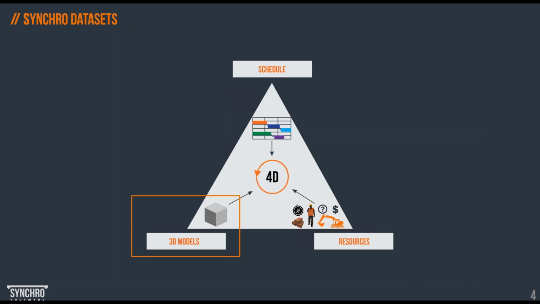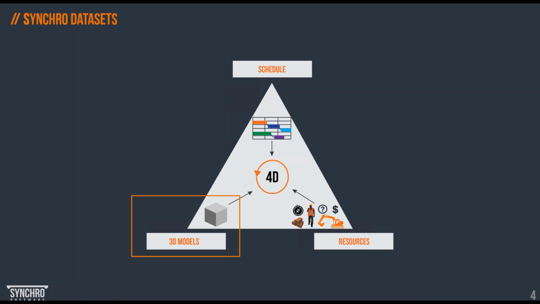So before I present other functions and tools in SYNCHRO, I'll briefly talk about SYNCHRO datasets. Every SYNCHRO project has certain datasets. If you look at this chart, schedule and resources are usually part of the planning process, something that you know from other planning platforms.